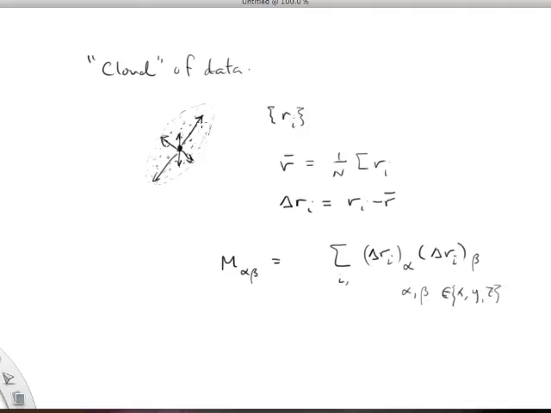So it could be the case, for example, that this cloud was actually oriented along the x, y, z axes, but the cloud actually pointed along z, for example, and had a width in x and y. And then these would be the variances, the spreads of, if I divide this by 1 over n, would be the average spread of the values around this origin here in the different directions.